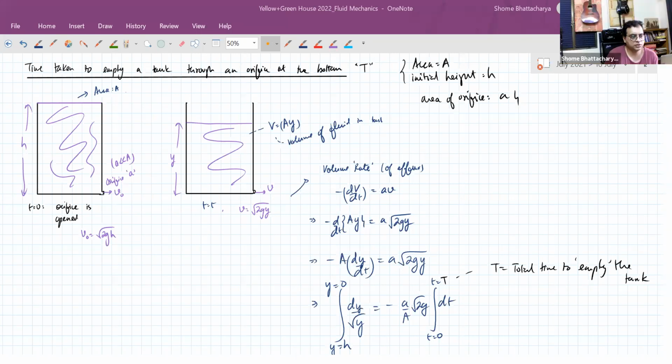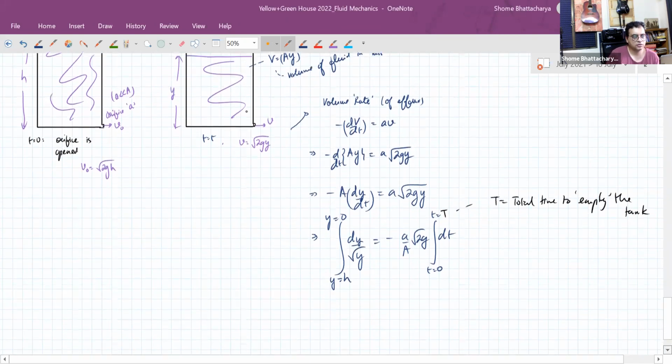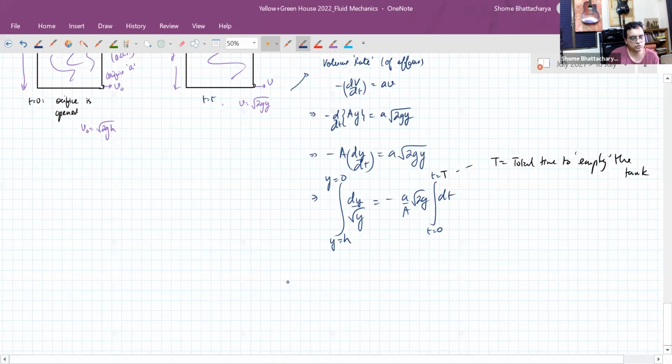Yes, very good, that's correct. The final answer you got is correct. So hope the others have also worked this out. So the integration on the left hand side is 2 root y, right?